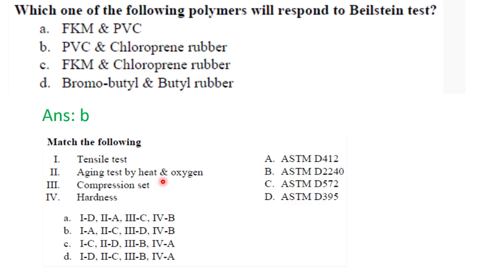Aging test is maybe D572, and hardness may be 2240. Let's see what is the answer. Yes, B, that is tensile is D412, aging test is 572, compression is 395, and hardness is 2240. Actually, I reminded these two, hardness and tensile.